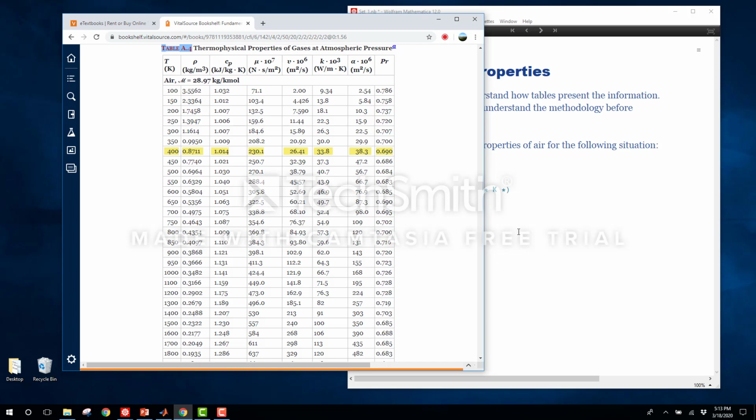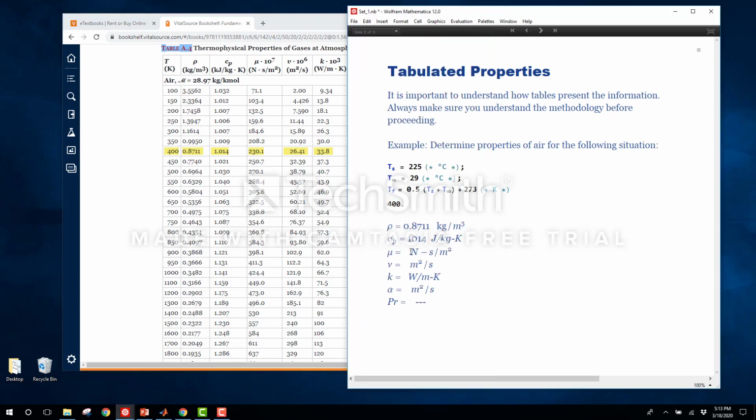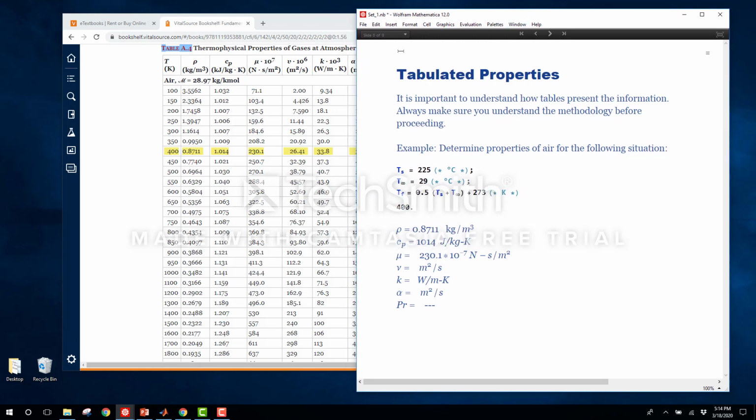So what we need to do is convert that: 230.1, and we need to multiply that by 10 to the minus 7. And we need to do that for the other values as well. So the kinematic viscosity, 26.41, we have to multiply it by 10 to the minus 6. So 26.41 times 10 to the minus 6.